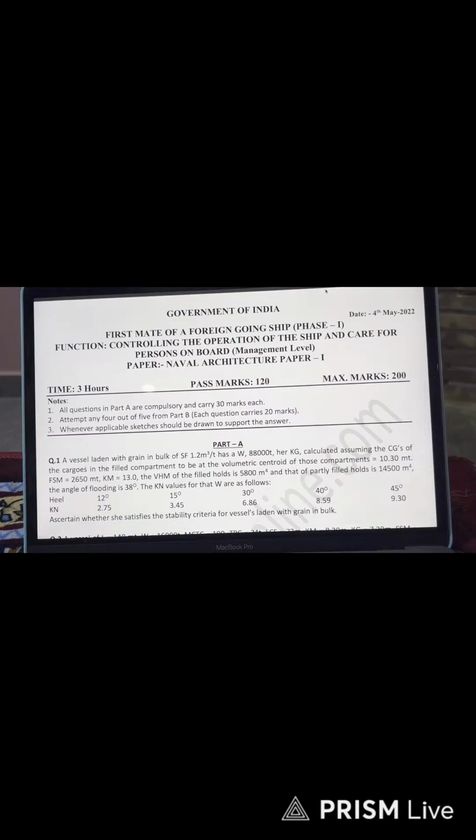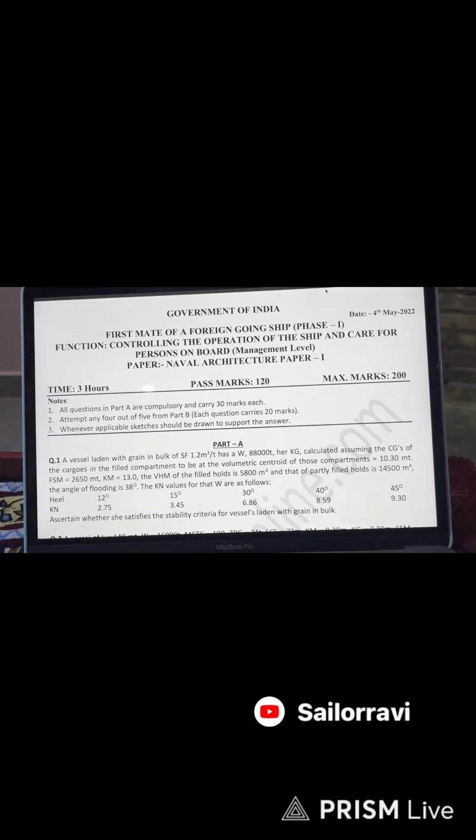So here we have the first question, which says we are loading grain in bulk whose stowage factor is 1.2 meter cube per ton, with a weight of 88,000 tons and KG around 10.3.